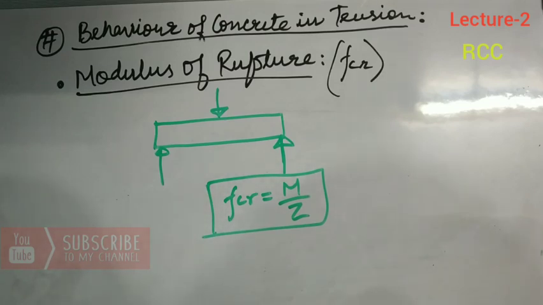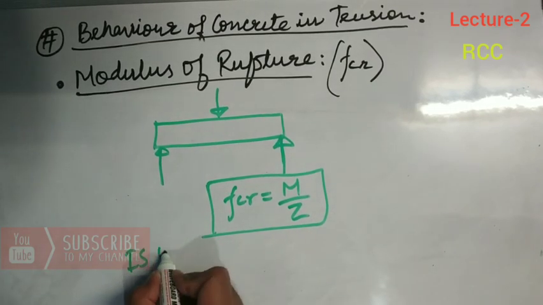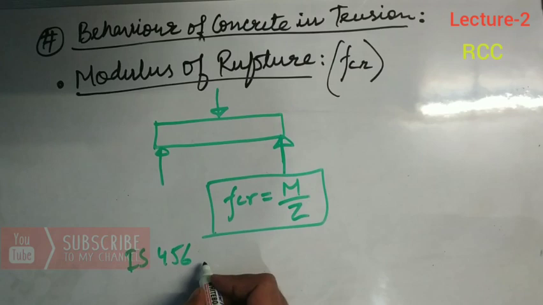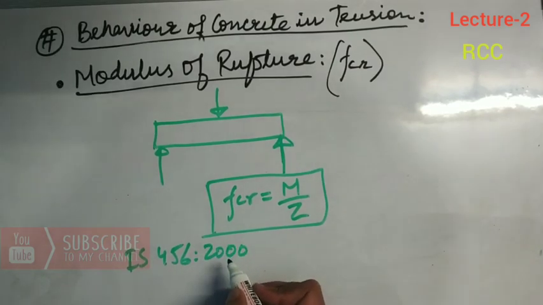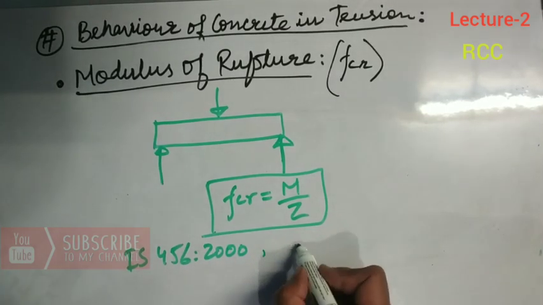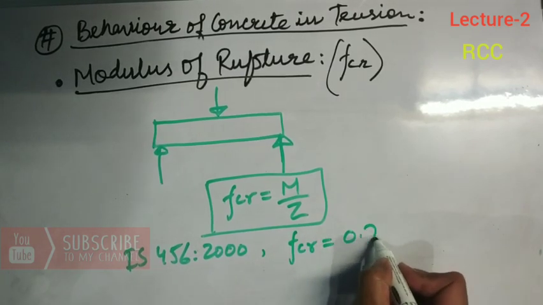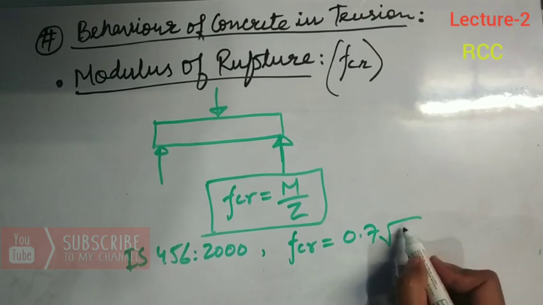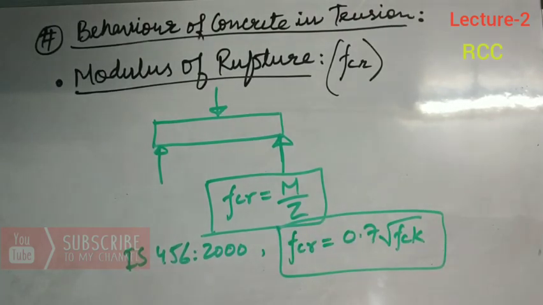So IS 456 2000 recommends the use of the formula for modulus of rupture of concrete, that is FCR is equal to 0.7 times root FCK, where FCK is the characteristic strength of concrete.